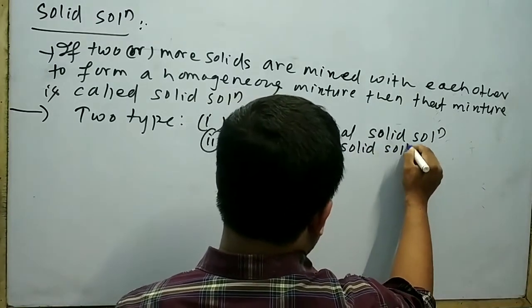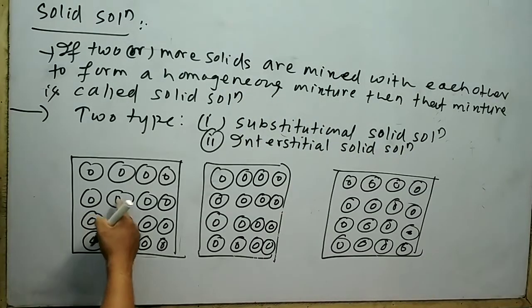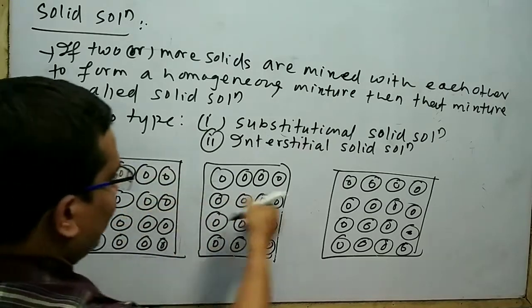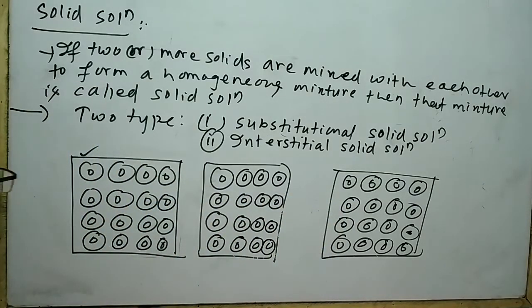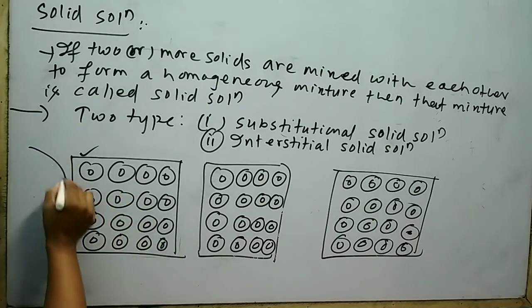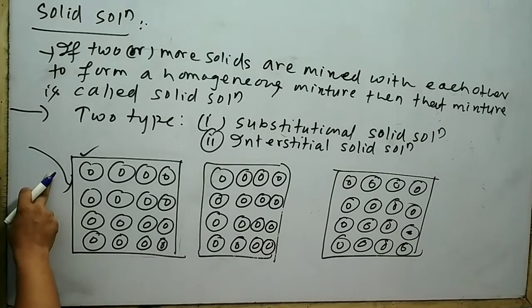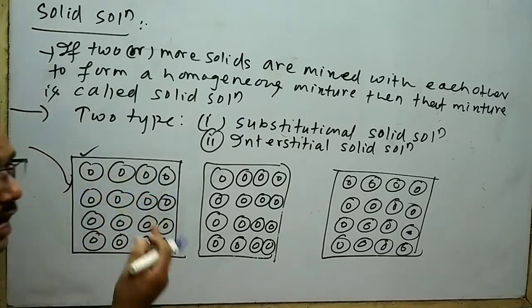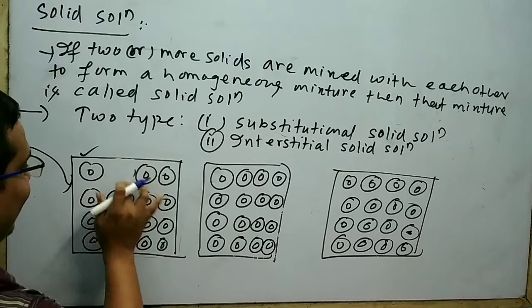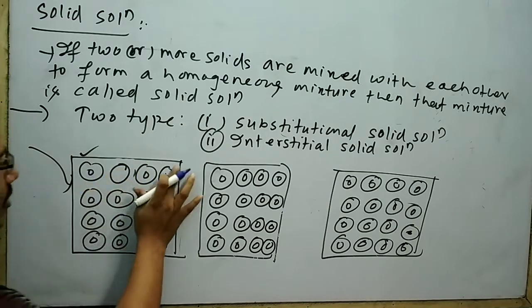Suppose these are the solvent molecules present in a system. Suppose I add solute molecules in the solvent. Suppose the solute molecule substitutes the solvent molecule like this. This is a solute molecule.